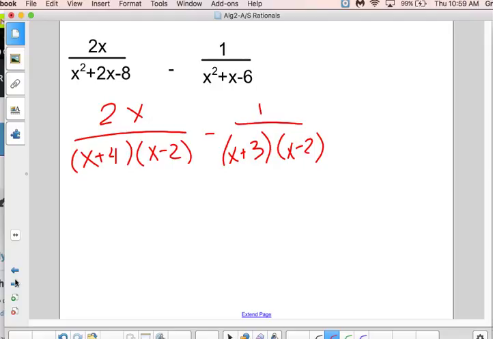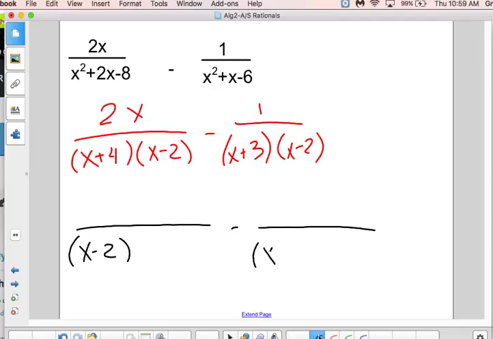So do they have pieces in common? What piece do they have in common? X minus 2. So for sure, in our common denominator, they're both going to have an x minus 2, because that is already common. To get the rest of your common denominator, it's all of the pieces together. So x minus 2 is one of the pieces.